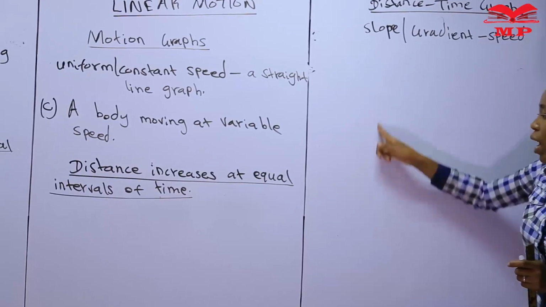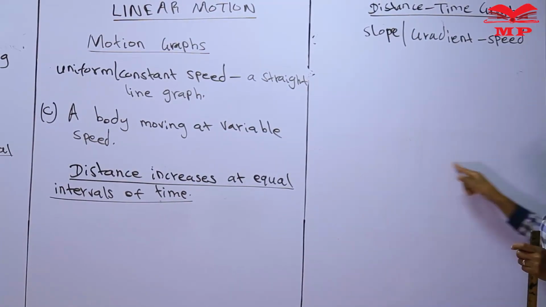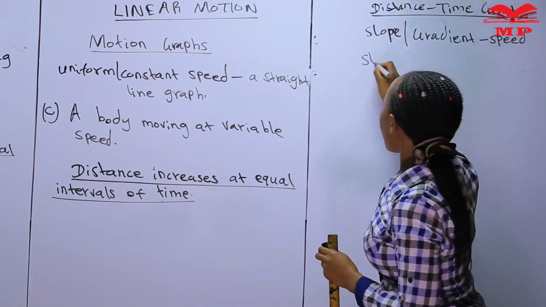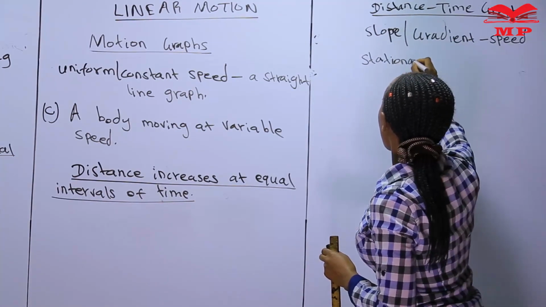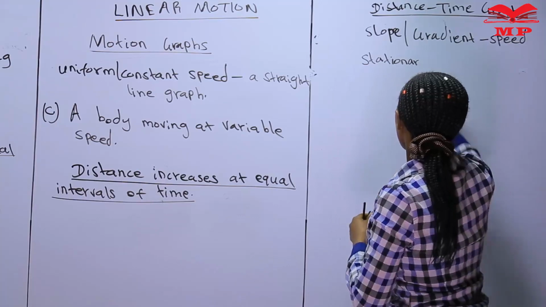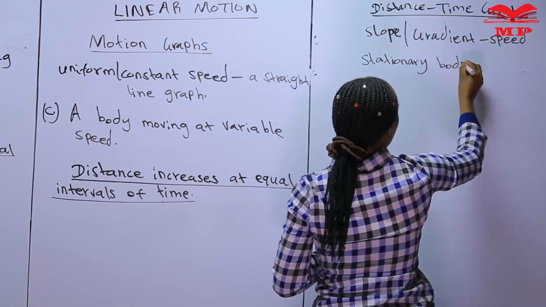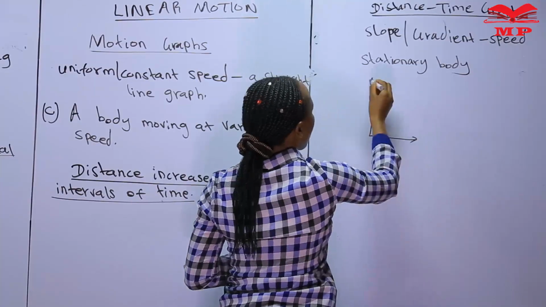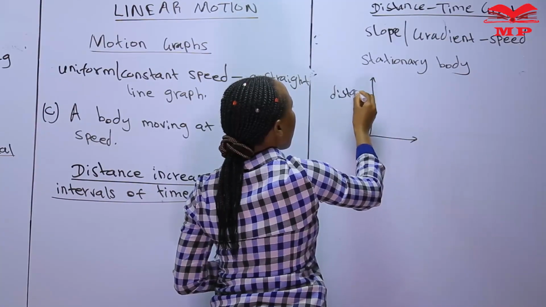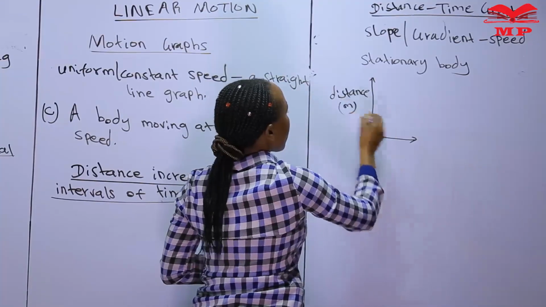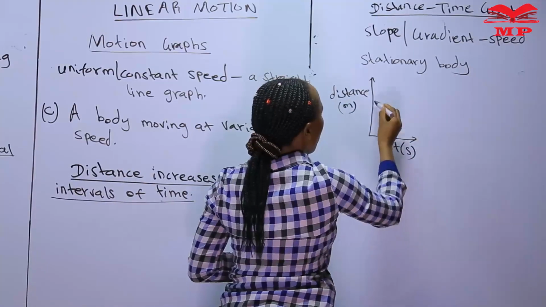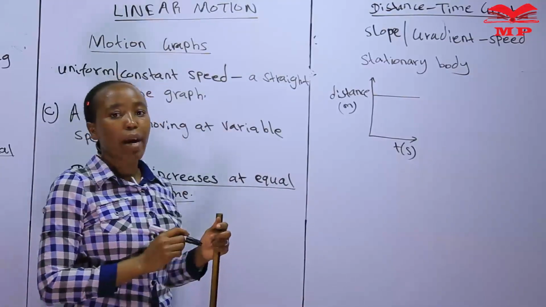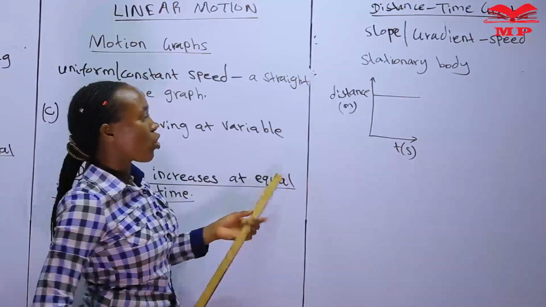On the y-axis we have the distance, on the x-axis we have the time. Then we've also seen that for a stationary body, if we have the distance in meters and the time in seconds, we are going to have a horizontal line parallel to the time axis, meaning that the distance is not changing.